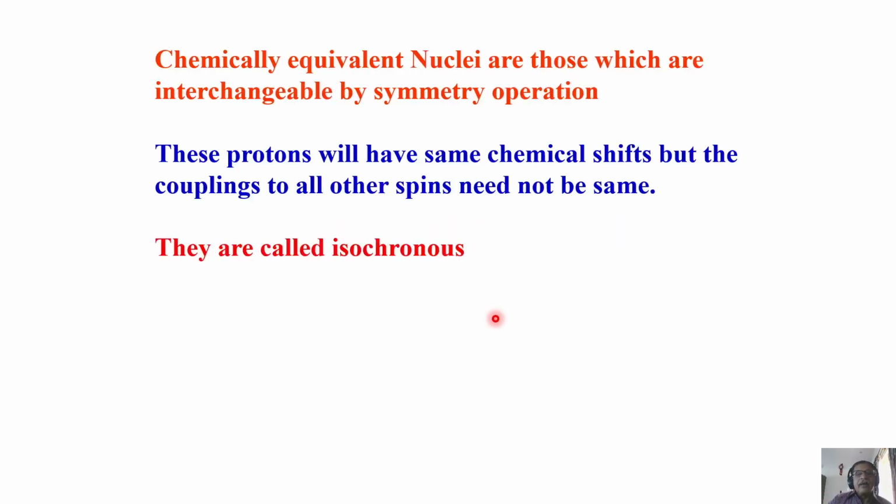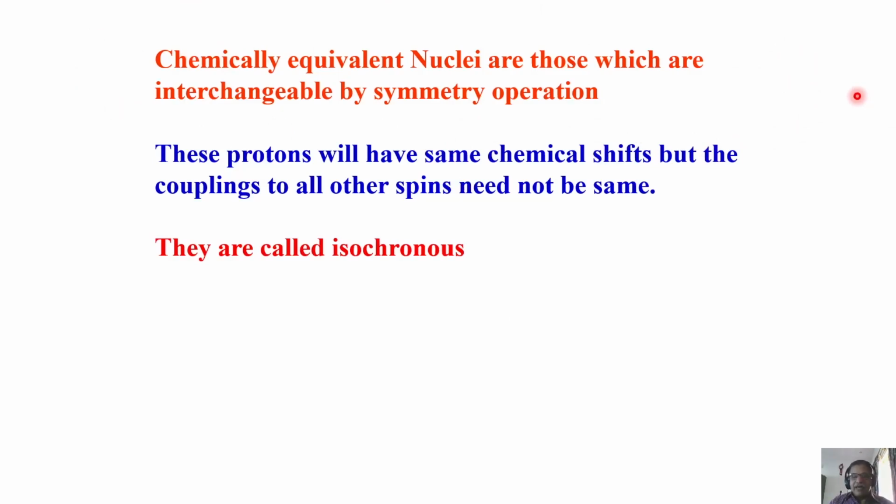So now let me introduce a term called chemical equivalence, a term which is very important. Chemically equivalent nuclei are those which are interchangeable by symmetry operation. I don't need to explain this.